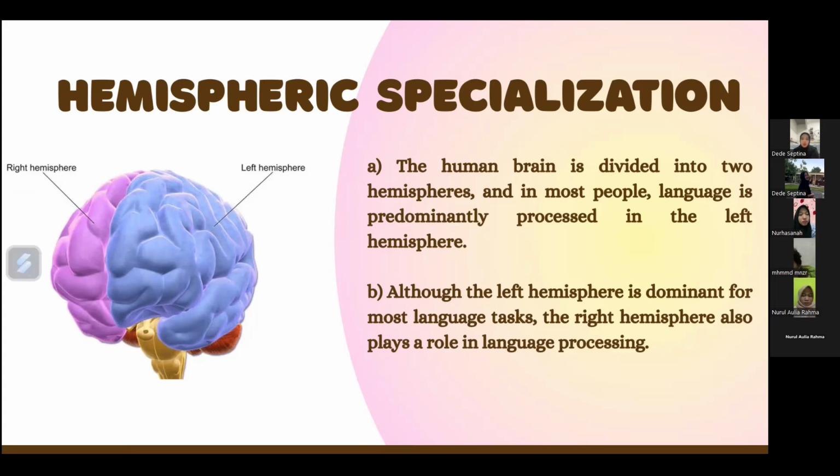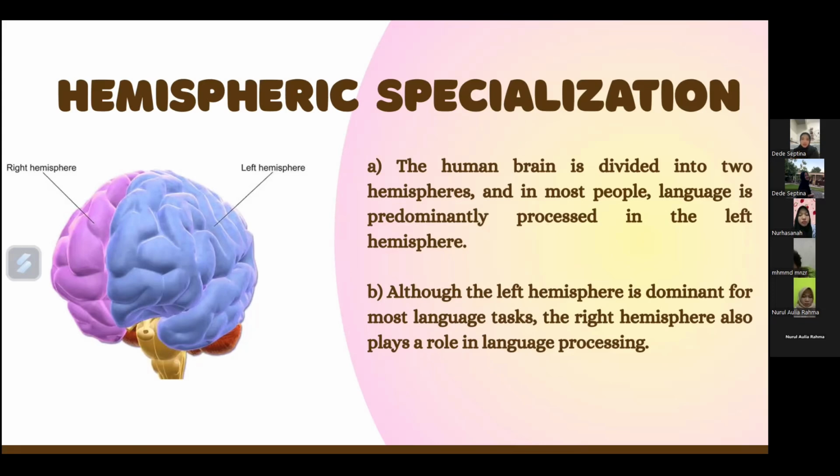The role of the right hemisphere: it is not the main language center, but it helps in understanding tone, emotion, and intonation in speech, and processing metaphors, idioms, and sarcasm, or non-literal language, and understanding humor and indirect meanings in conversation.